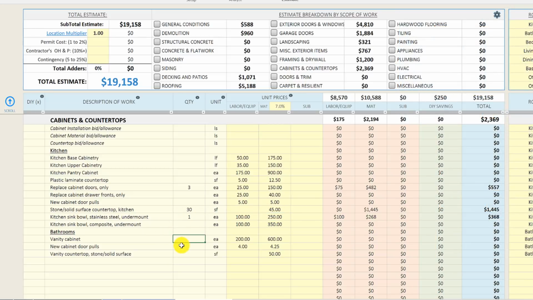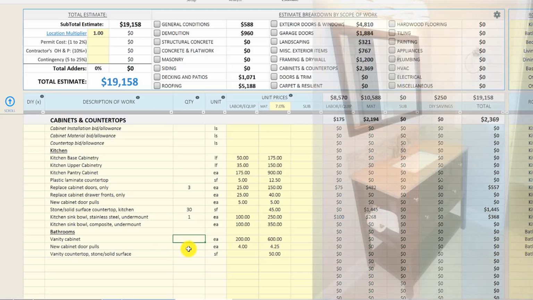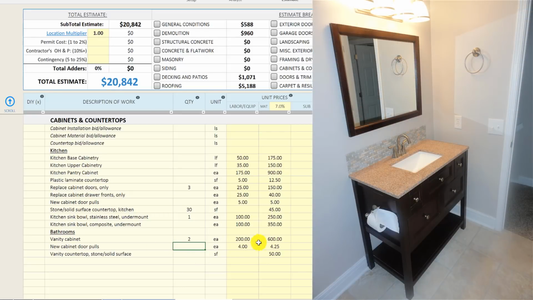Otherwise, we've got our bathroom vanities. This one will also vary. You can definitely buy vanity cabinets pretty cheap. There are vanity cabinet sets at Lowe's and Home Depot that you could probably get for $250 to $300. It even comes with a mirror and the countertop included.